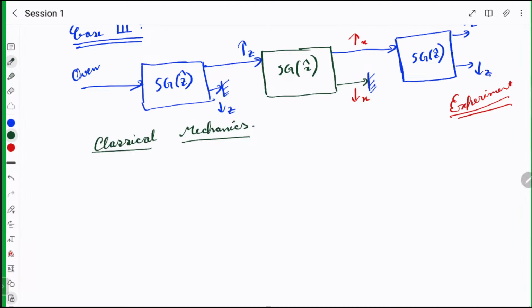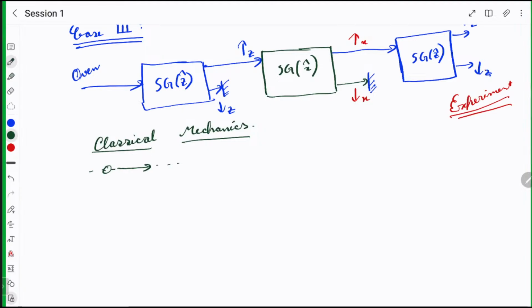So in classical mechanics, let's say you have a particle moving in one dimension. How do you describe the state of this particle? It's constrained to move along one direction.